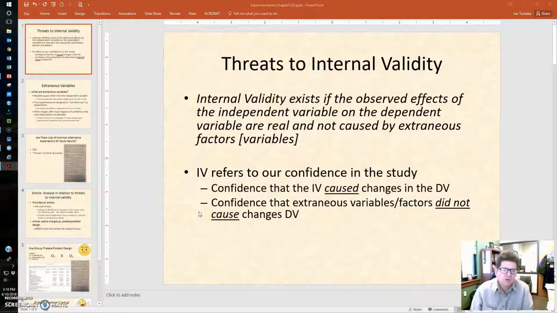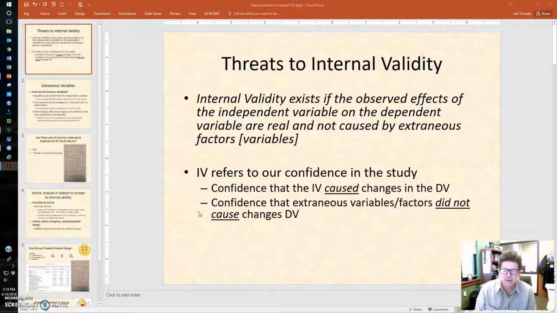So, what are threats to internal validity? Well, the book defines them as saying that internal validity in a study exists if the observed effects of the independent variable on the dependent variable are real and not caused by extraneous factors, or what we might call extraneous variables.